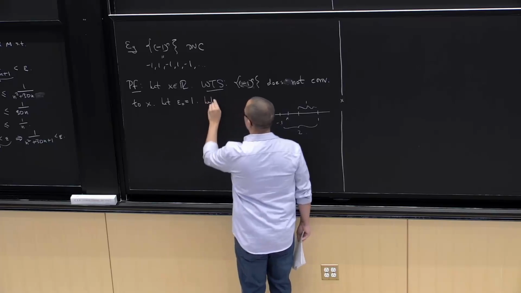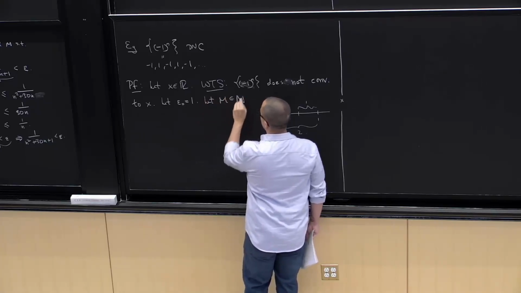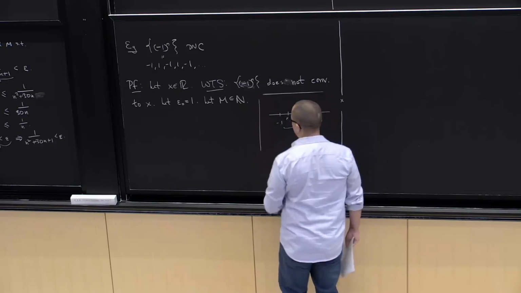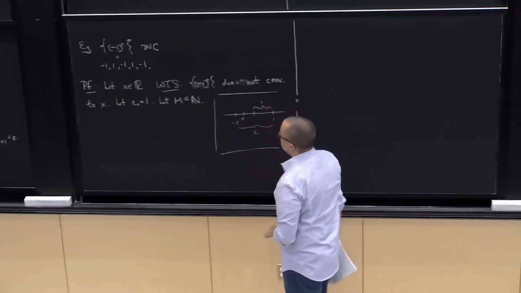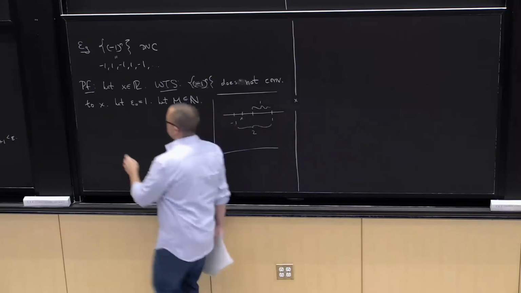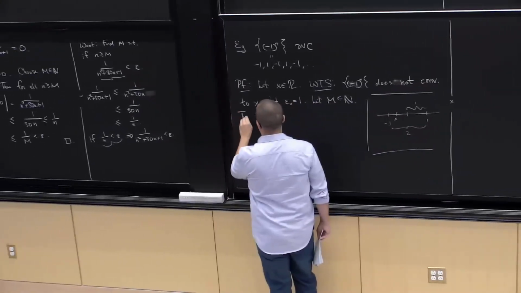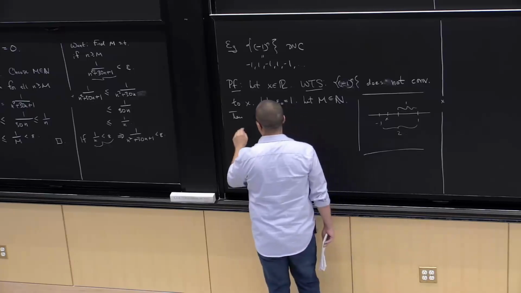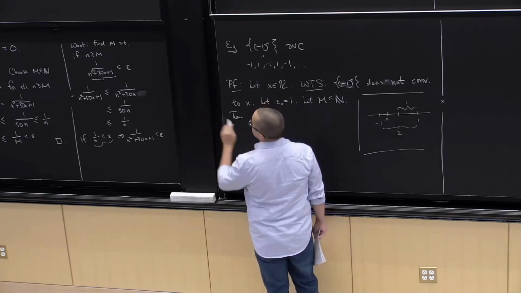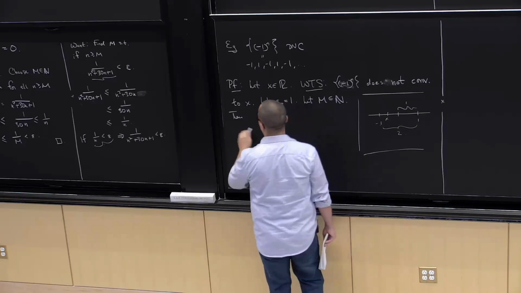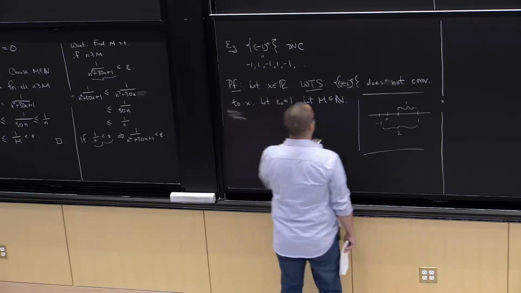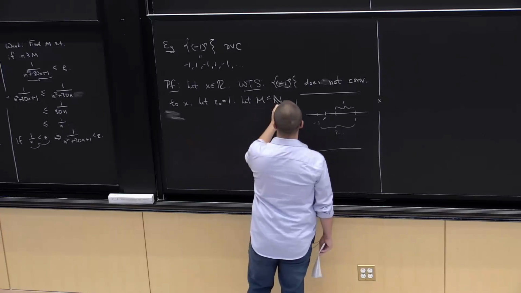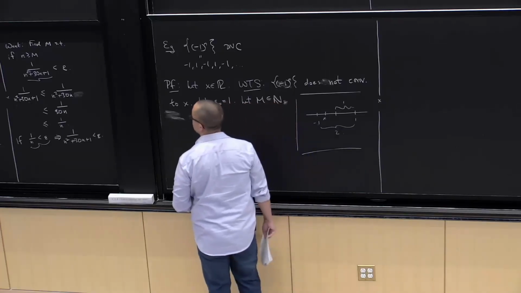So let M be a natural number. Then what do we see? So then this says there exists an n greater than or equal to capital M. And I will show that n is in fact either capital M or capital M plus 1.